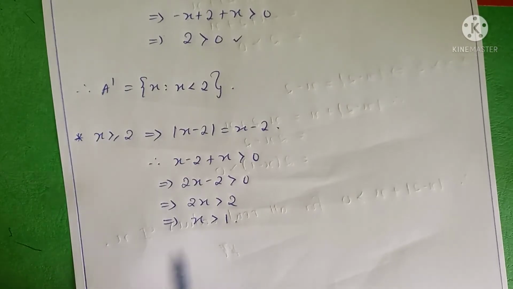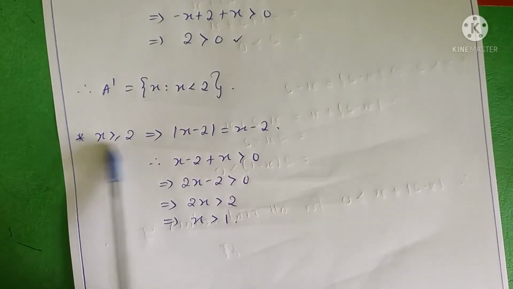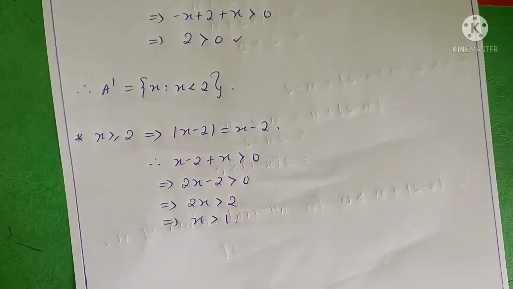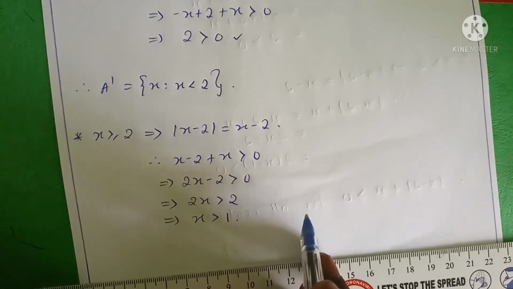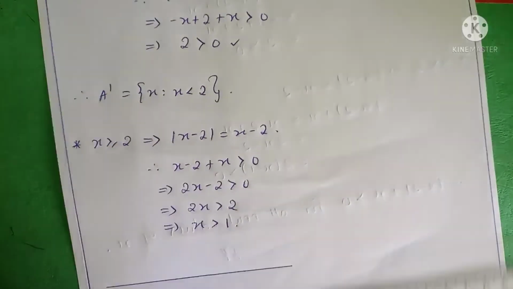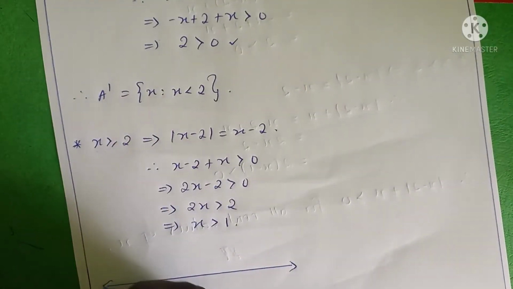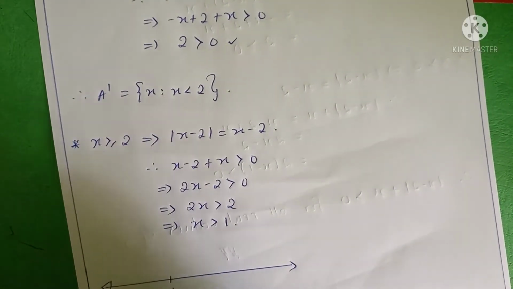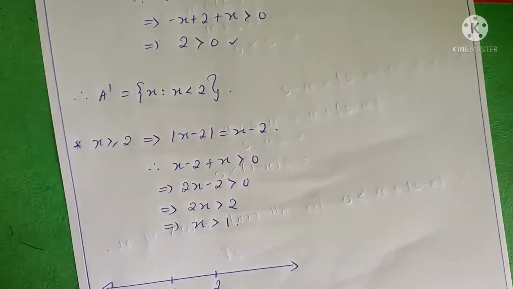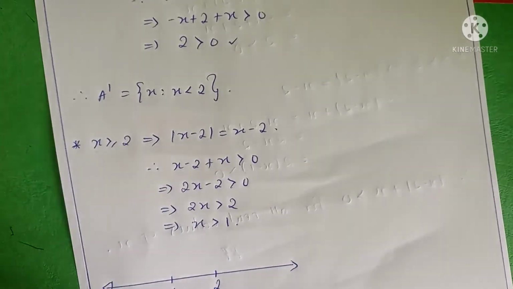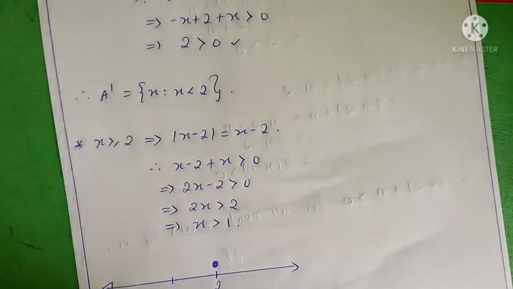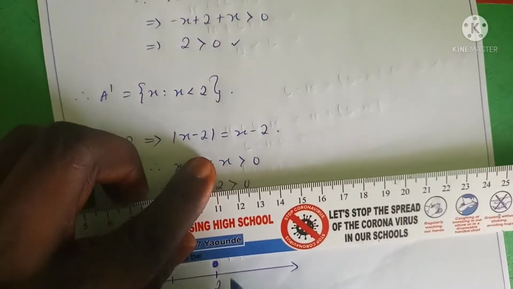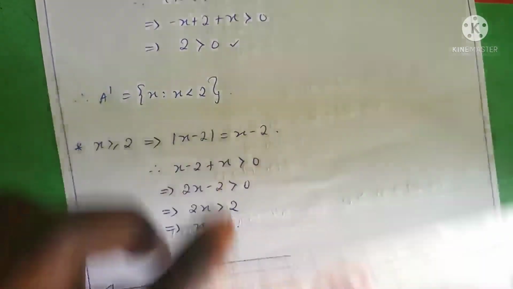So at this level, we're going to find the intersection of this set and this other one, and we're going to do so by using a number line. So here we have 1, and here we have 2. Let's start by representing this set on the number line. We start from 2, including 2, so we use a closed circle at that level, and we draw an arrow pointing to the right.